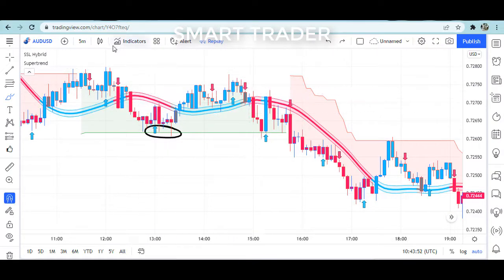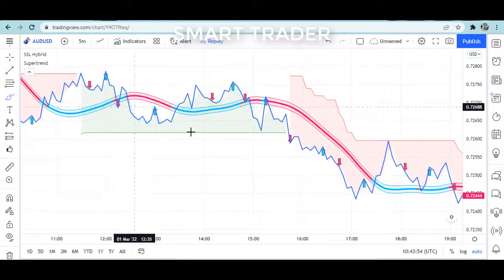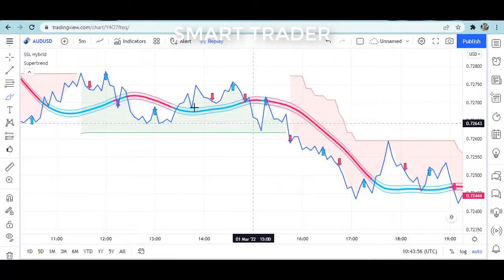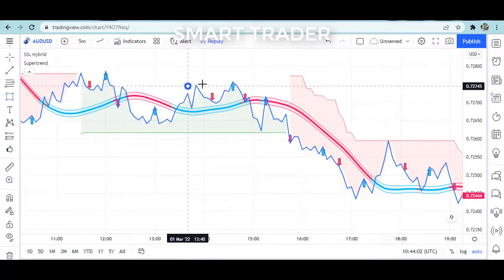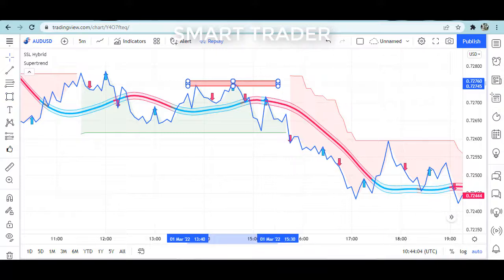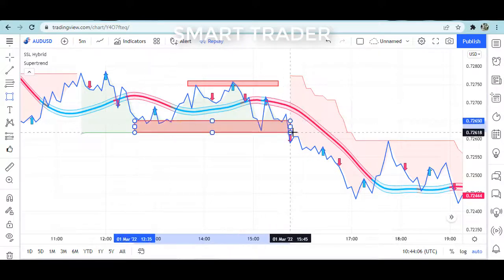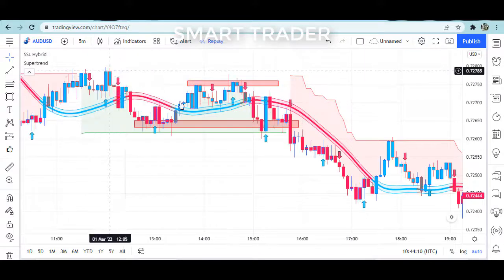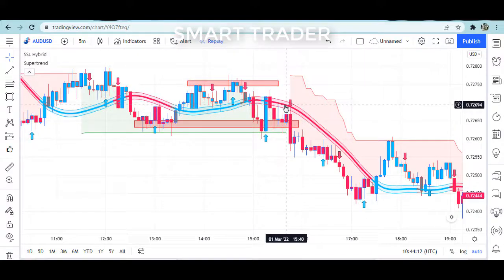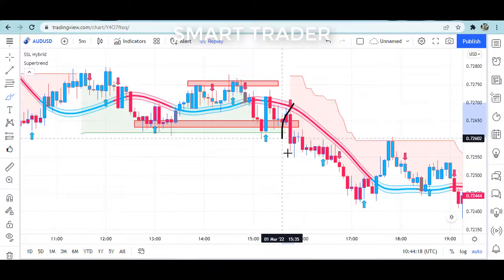Okay, and you can check the line chart. Swing high, swing high, swing low, swing low. You can draw a range high and a range low. Okay, you can wait for price to break out of the trading range with a good breakout bar like this.